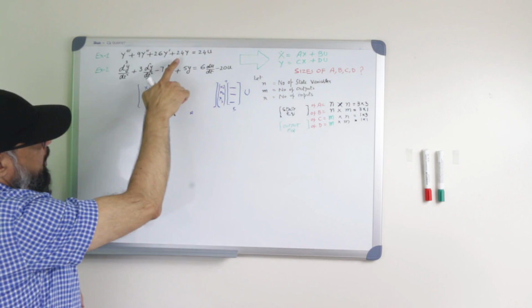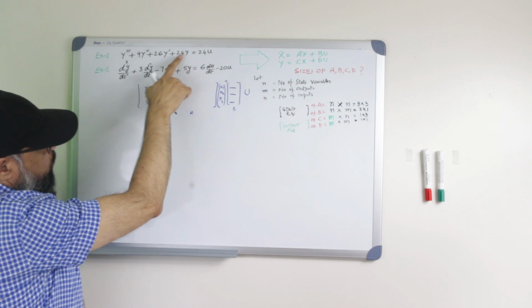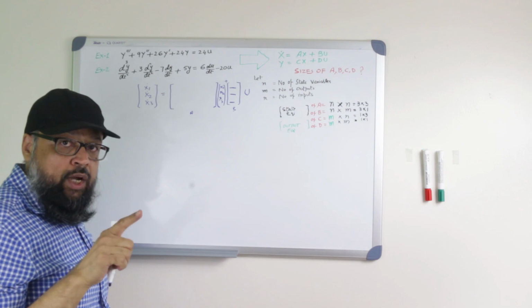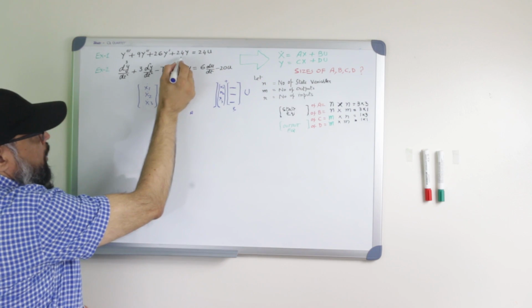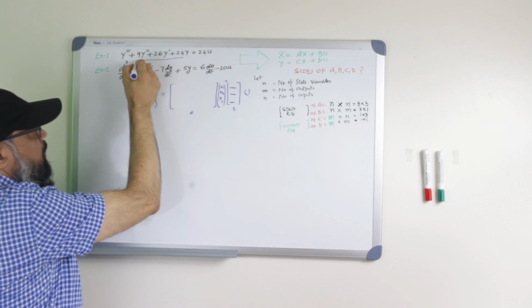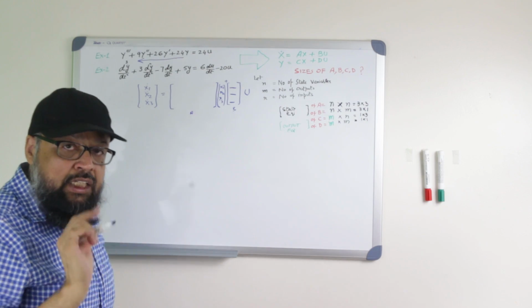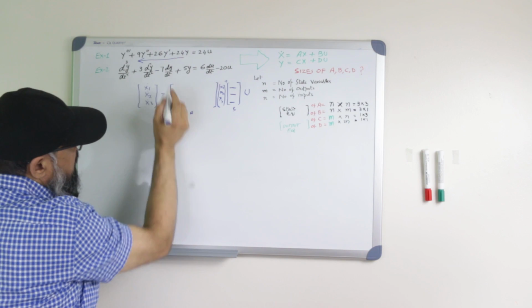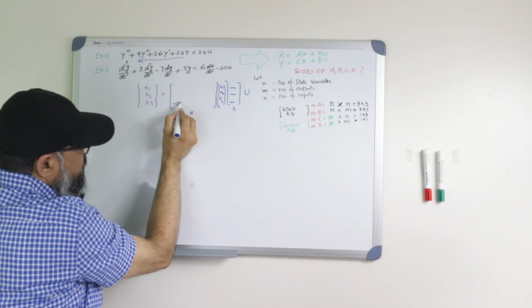You start from the coefficient of y. First I am doing this equation. Start from the coefficient of y and go in the reverse order, change the signs and write down the coefficients. So the coefficient of y is 24, change the sign, minus 24.